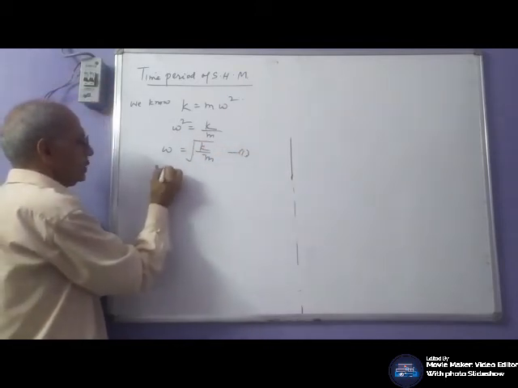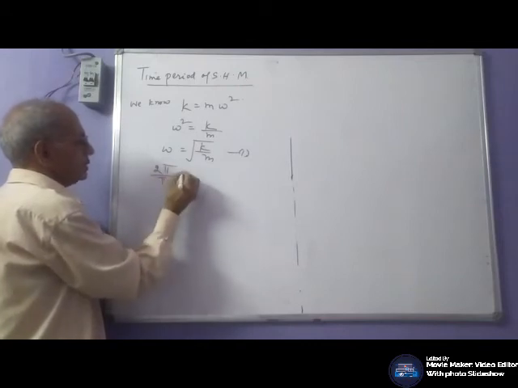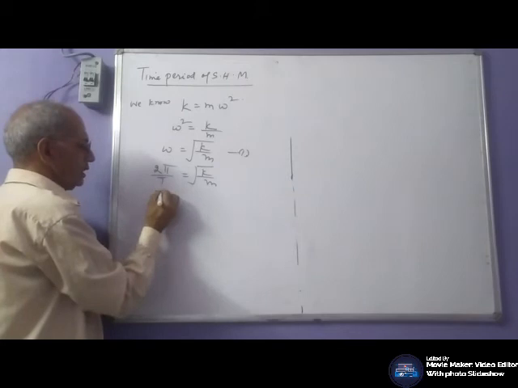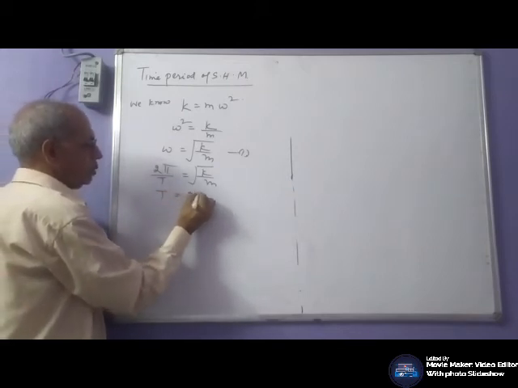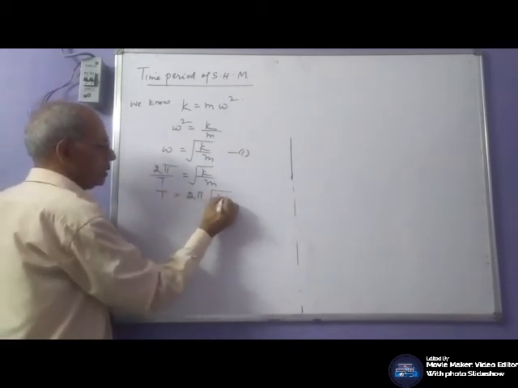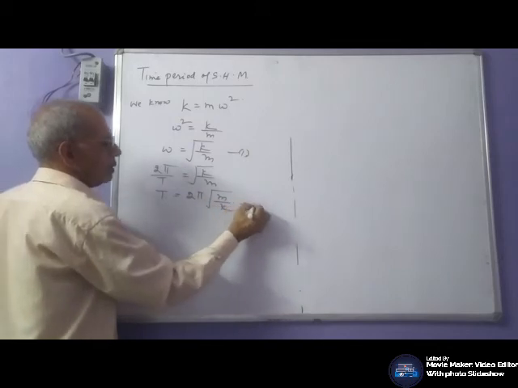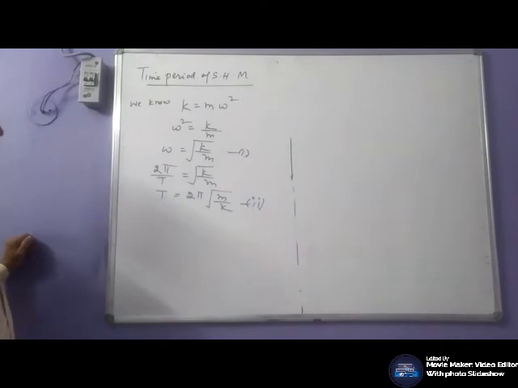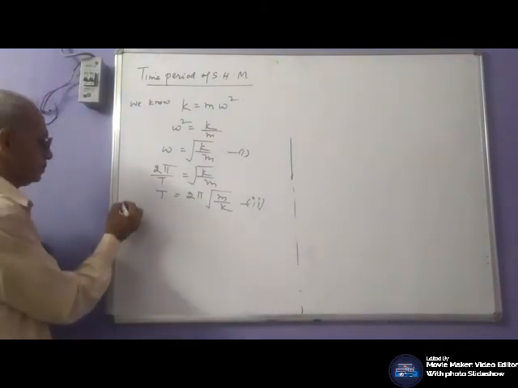What is this omega? 2 pi by T, just discussed. T is 2 pi root of m by K, this is the time period of S.H.M.